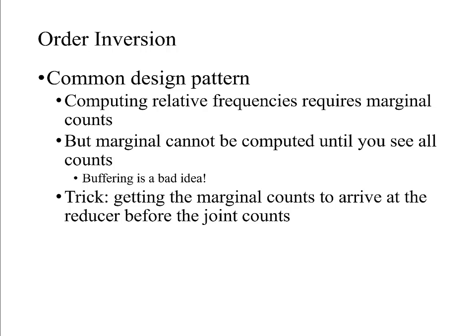It is used when you are computing relative frequencies, which requires marginal counts, and this marginal cannot be computed until you see all the counts. Right? So you don't want to do the buffering. Therefore, the trick here is to get the marginal counts to arrive at the reducer before the joint counts. Here in our case, the marginal counts is the df, and the joint counts is the tf.